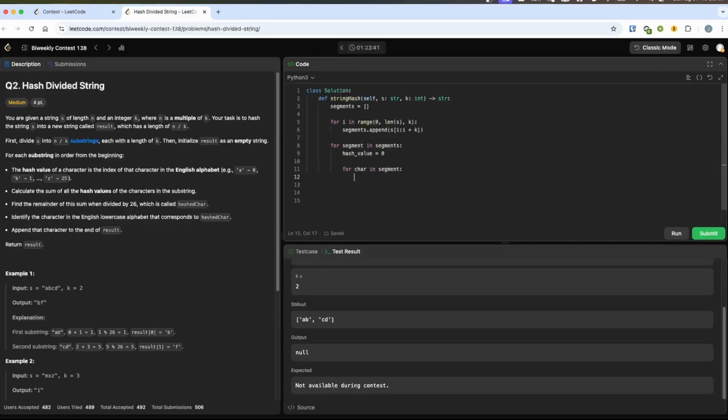What we want to do is hash plus equals ord of character minus 97.